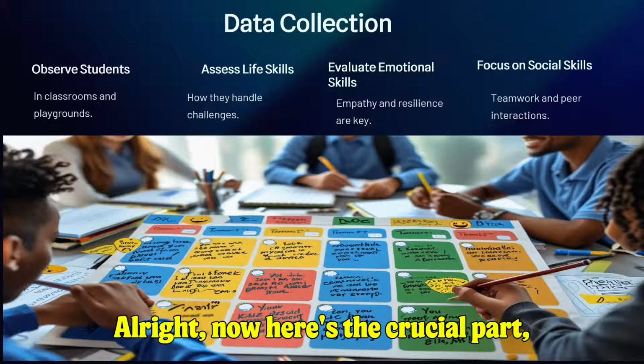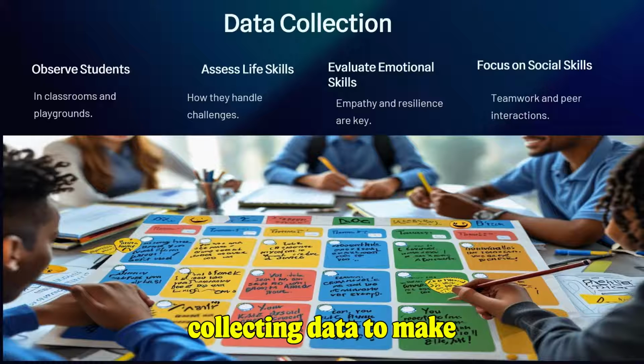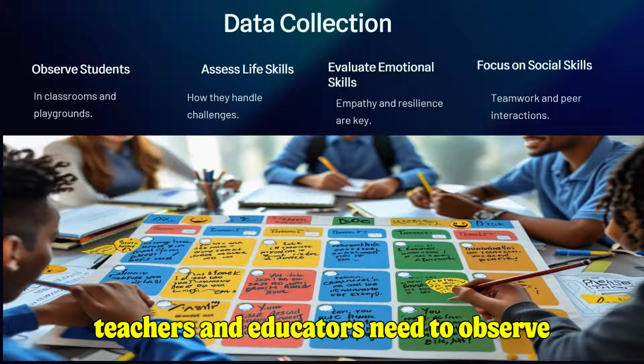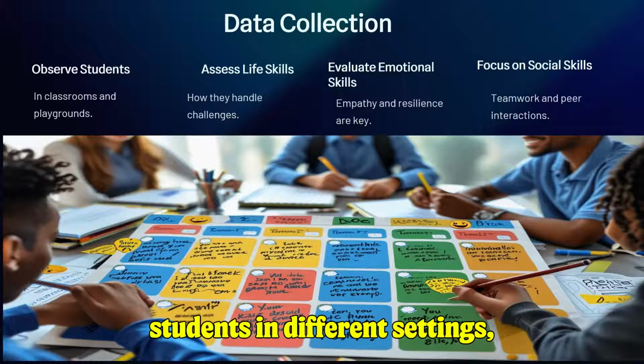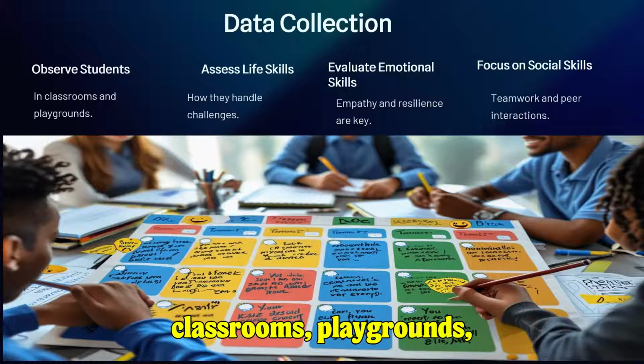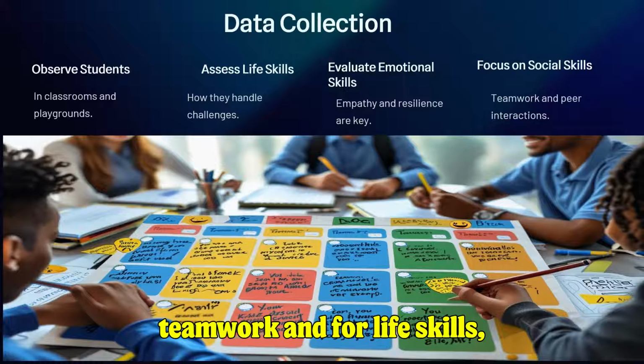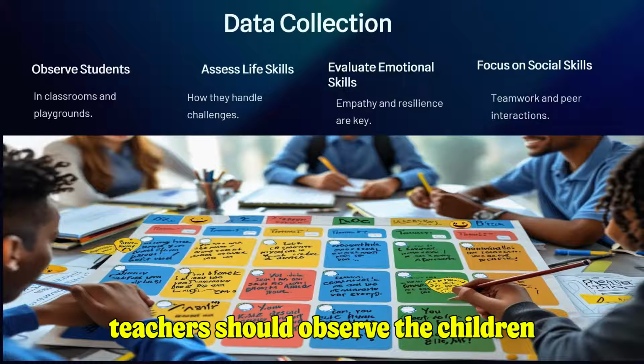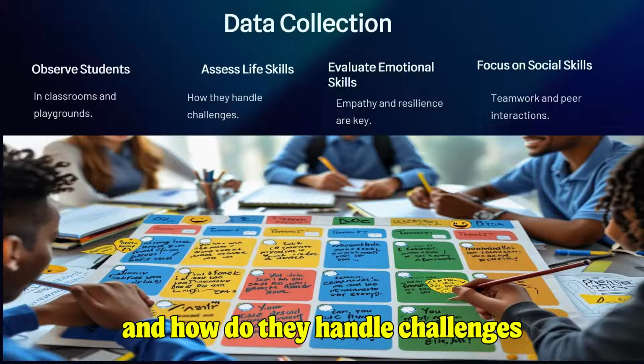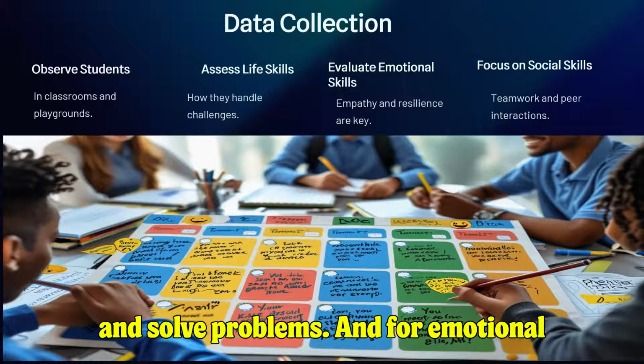All right, now here's the crucial part, collecting data. To make this work, teachers and educators need to observe students in different settings: classrooms, playgrounds, assembly time, during group projects, teamwork. And for life skills, teachers should observe how children handle challenges and solve problems.